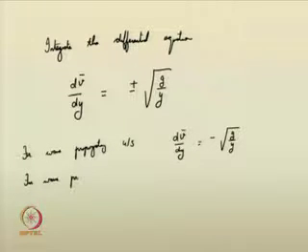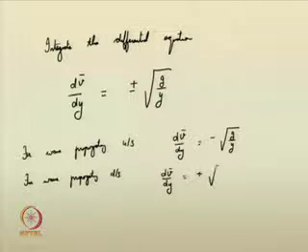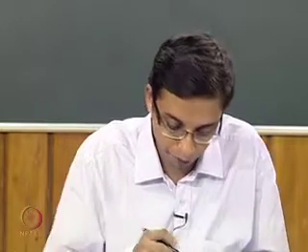For wave propagating downstream, your differential equation will be dV by dy is equal to plus root of g by y. So, using these differential equations, you can integrate to obtain V in the entire domain of that wave.